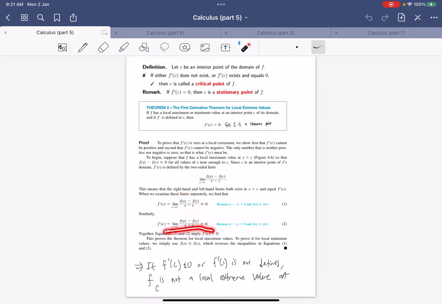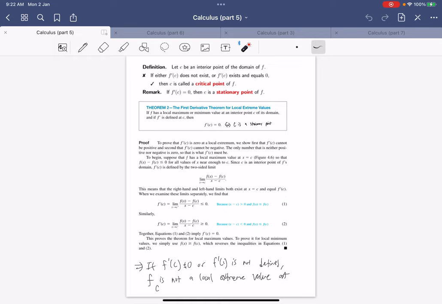But the limit from the left will be positive or zero now, because x minus c is negative. And so, if you combine these two inequalities, since the limit exists, f'(c) equals 0. And this is also proven the same way for the minimum side. Thus, this gives us a way to determine our local extreme values.